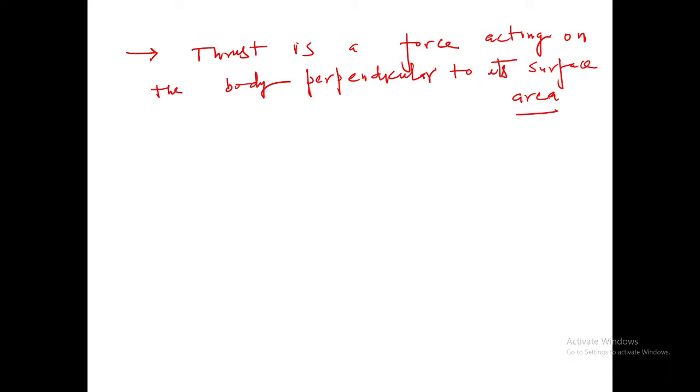Now I want to tell all of you that thrust is a force, therefore its SI unit is the same as that of force, Newton. Pressure: how is it defined? It is thrust upon area, and thrust means perpendicular force.